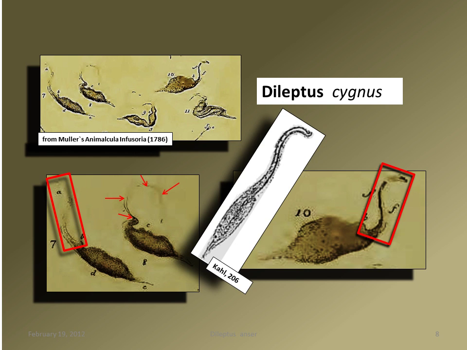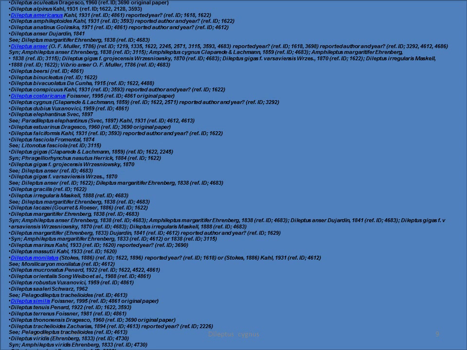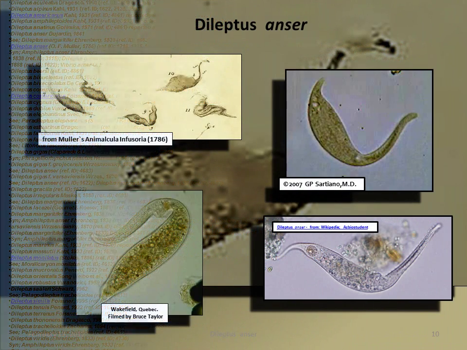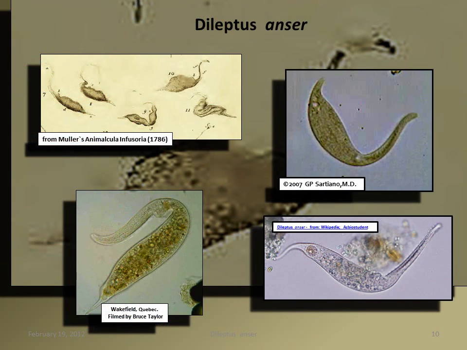Over time, Müller's original use of the name has been amplified by addition of many species. And so, in the search for Dileptus anser, we will remove the original diagram and add that of Kudo, alongside a few other examples.